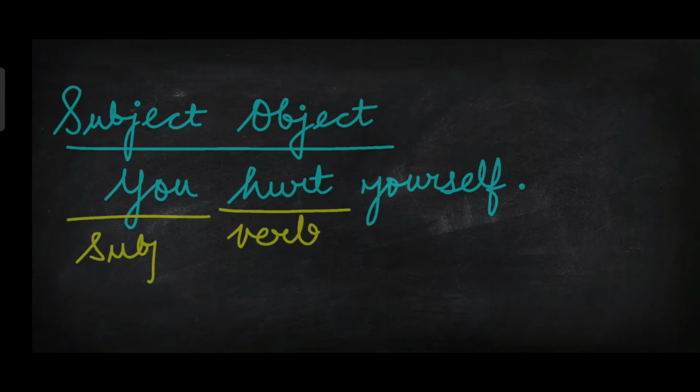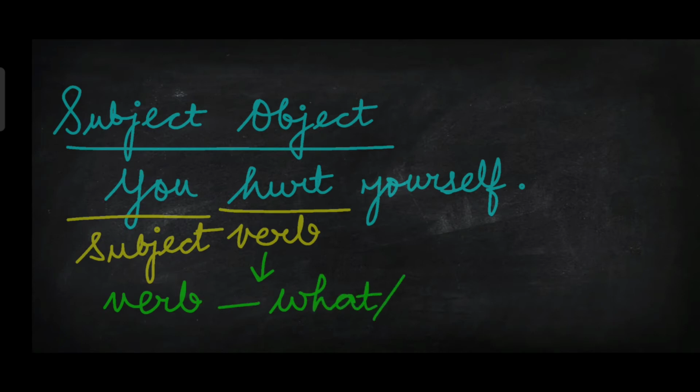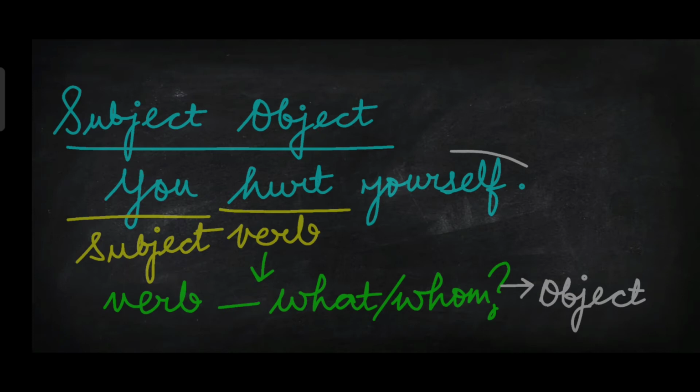You is the subject. Now, after finding the verb, ask a question. And your question must begin with the WH word, what or whom. What in the case of non-living things and whom in the case of living things. And the answer that you will get is your object.